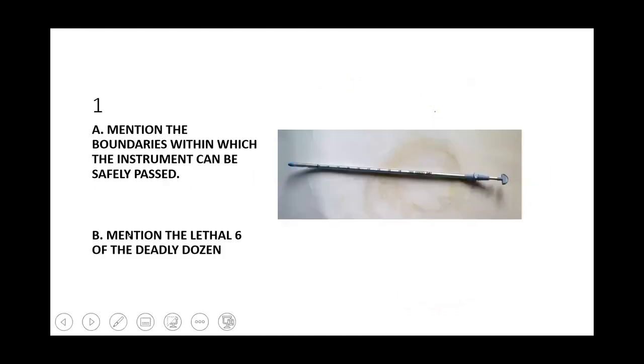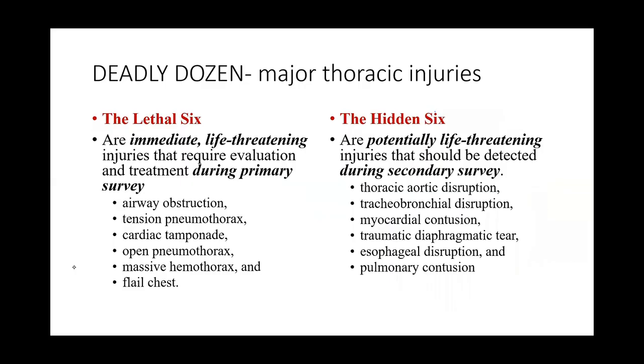Now, the next question is to mention the lethal 6 of the deadly dozens. You should know the deadly dozens are major thoracic injuries. And there are the lethal 6 and the hidden 6.